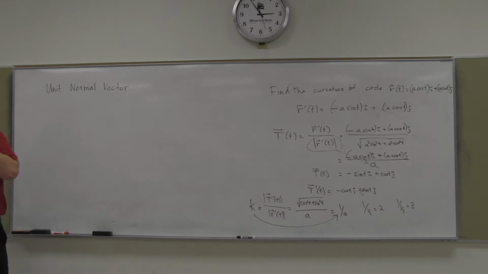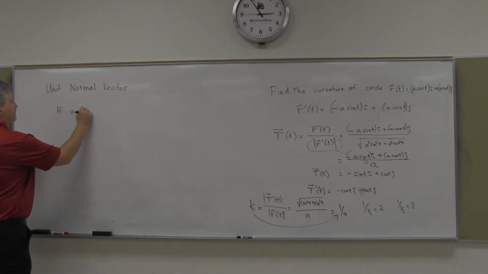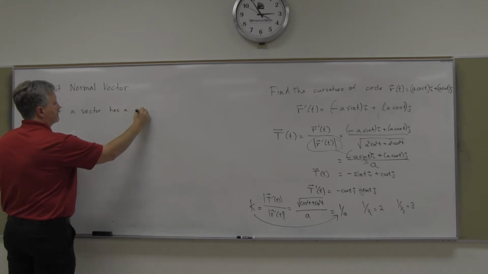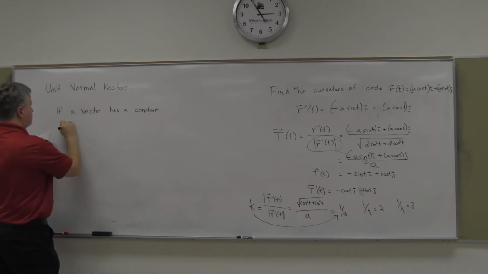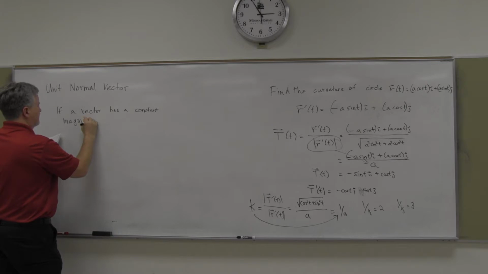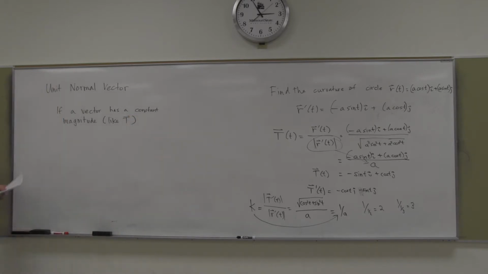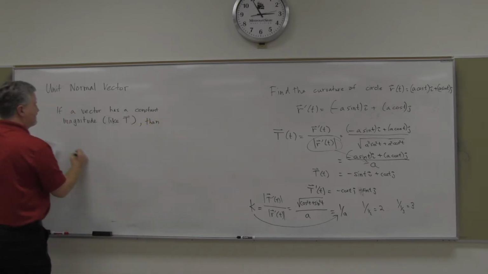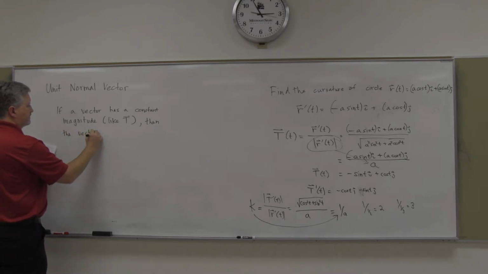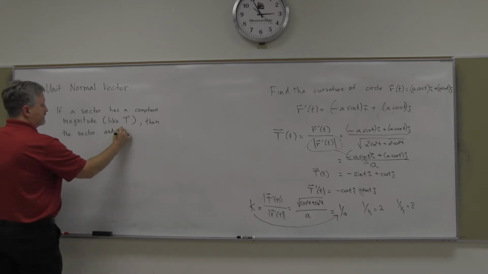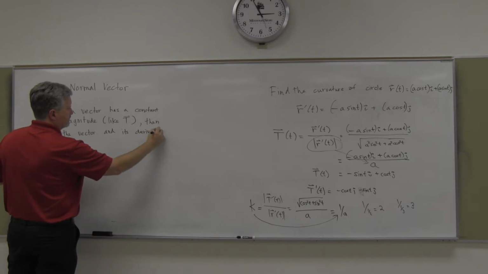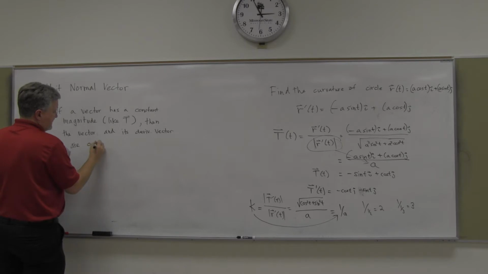They go through this in the book, but if a vector has a constant magnitude, so it's equal to a constant, and one example is the unit tangent vector, it has a constant magnitude, it's 1, then the vector and its derivative vector are orthogonal. And it doesn't have to be the unit tangent vector, that's just an example.